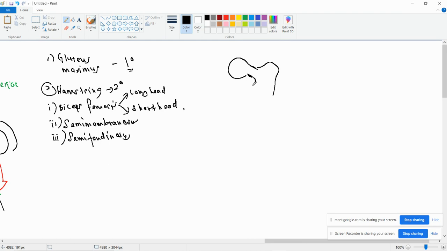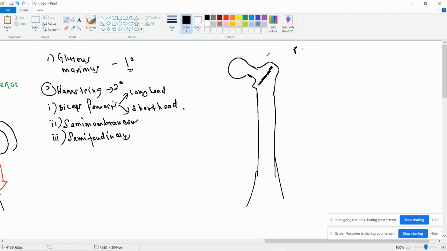And posteromedially, you have the lesser trochanter, right? And this is your shaft of the femur, moving downward, right? So this is the posterior view, right? So in between the greater trochanter and also the lesser trochanter, class, you have this structure. You have a ridge over here, and this structure is known as a S class.